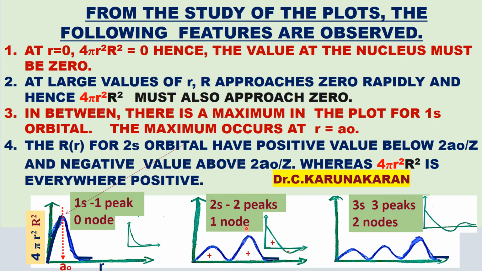In the case of the 2s orbital, it is far away from the nucleus, still farther away for the 3s orbital. As you see here, the radial wave functions have positive, negative, positive values, whereas the radial probability functions are always positive everywhere.